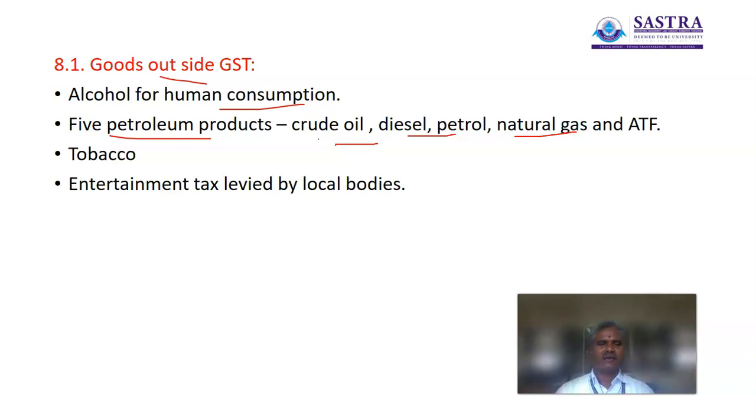I think aeroplanes use this type of fuel only. Then tobacco, and entertainment tax levied by local bodies. So these are all the goods outside the GST purview, not exempted. Anytime the central government can charge tax on these products. Okay, but it is at the discretion of the central government.